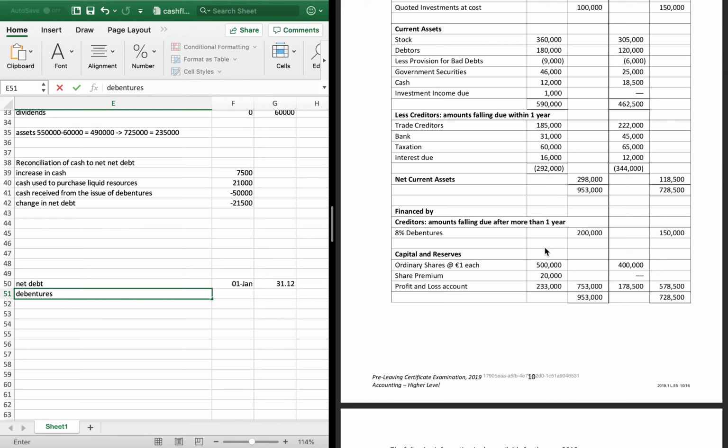So they're 150,000 at the start of the year. I'm going to take them all as positives for the time being, but we'll turn the final answer into a negative. And at the end of the year, debentures is 200,000. Then we've got our bank overdraft. So at the start of the year it was 45, and at the end of the year our bank overdraft is 31.